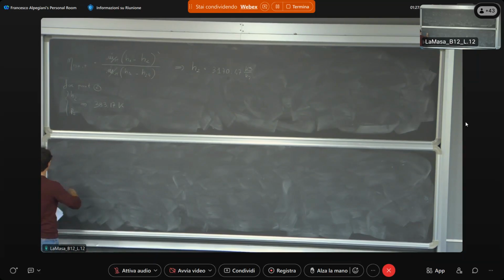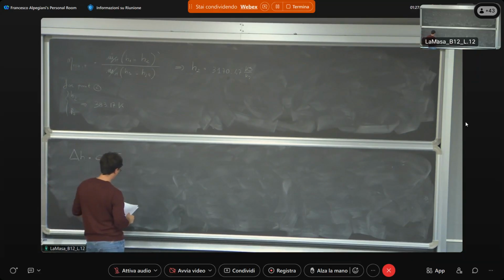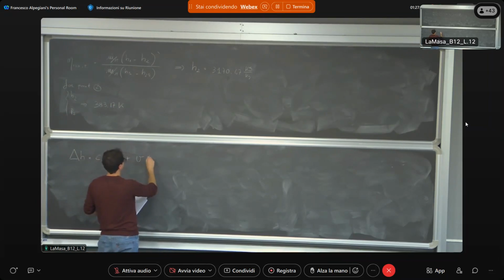And in particular, we can write two relations, one for the enthalpy difference, so delta H equal to CL times the temperature difference plus the specific volume of the fluid times the pressure difference.